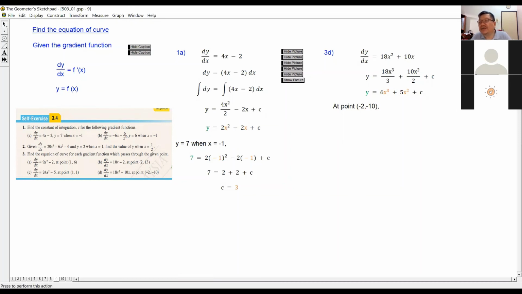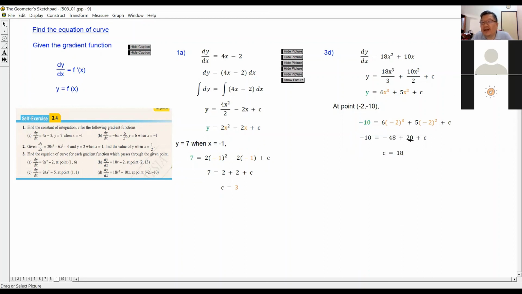Let's see how. So the y here you replace with negative 10. You can see the colors, they are the same color. So I replace the same color with the same color. Then x I replace with negative 2. The x here I replace with negative 2. So you can try to simplify them.